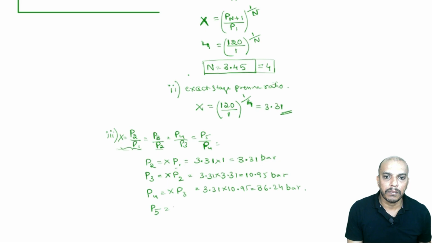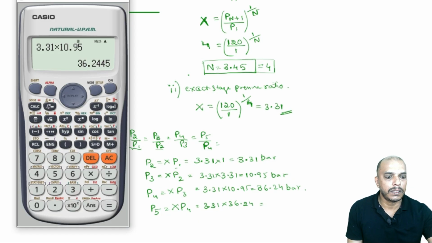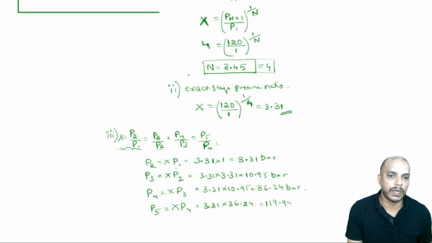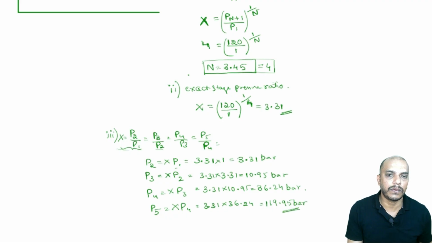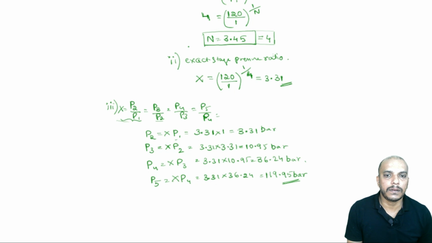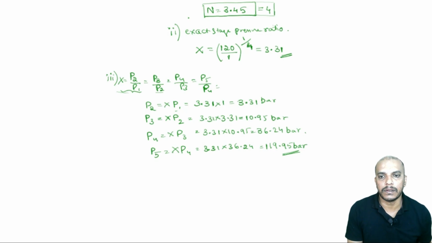P5 is equal to x times P4, so 3.31 multiplied by 36.24, which is 119.95. That is what we wanted, actually 120 bar. A small difference is there because we have not considered as many digits, we have rounded off the values.